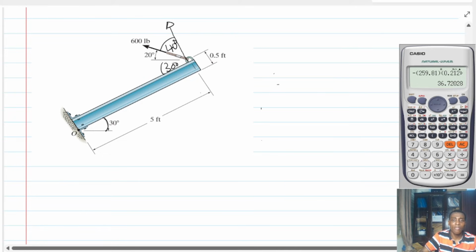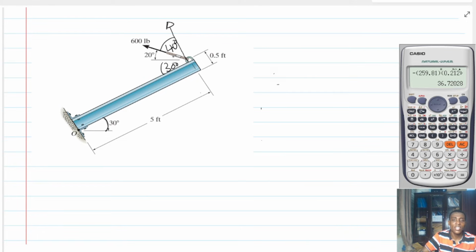So that if I have 40, 20, and then 30, I'll get 90. So what I'm saying is that we are trying to form a component which will be perpendicular. So that 40 plus 30 plus 20 will give us 90.